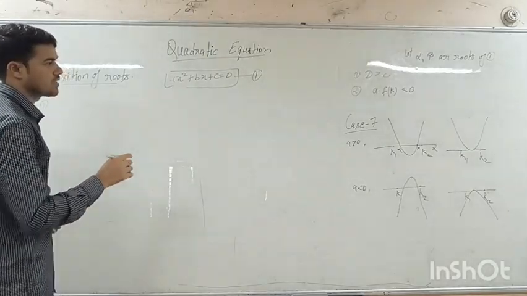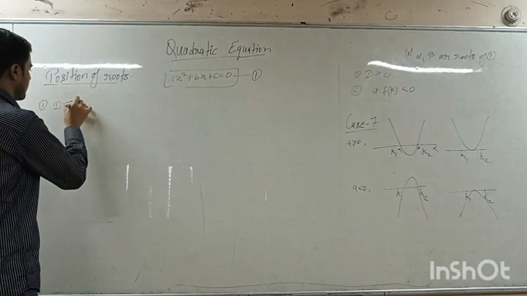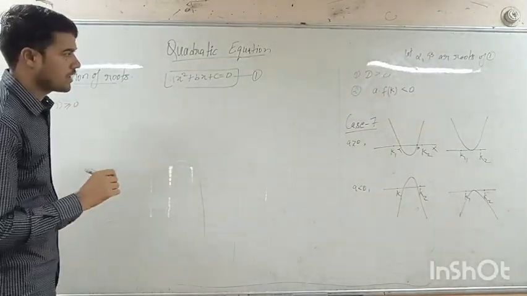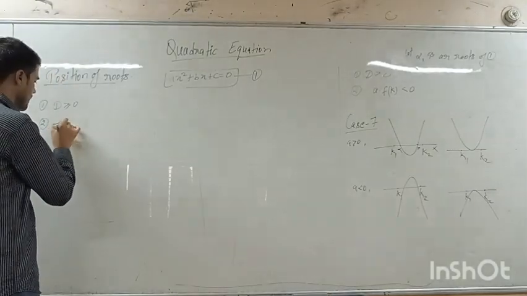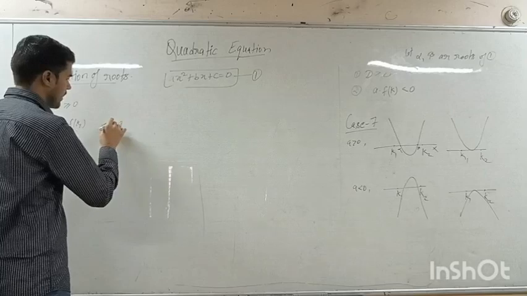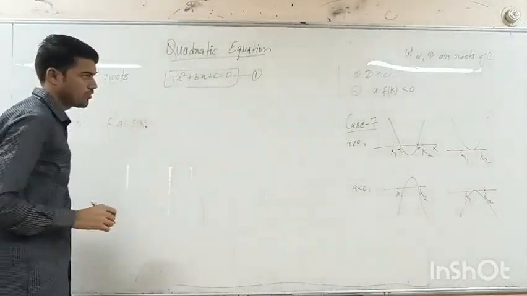Condition 1 is D is greater than or equal to 0, and second, what can we say? We observed something about a times f(k1) and a times f(k2). What was that?